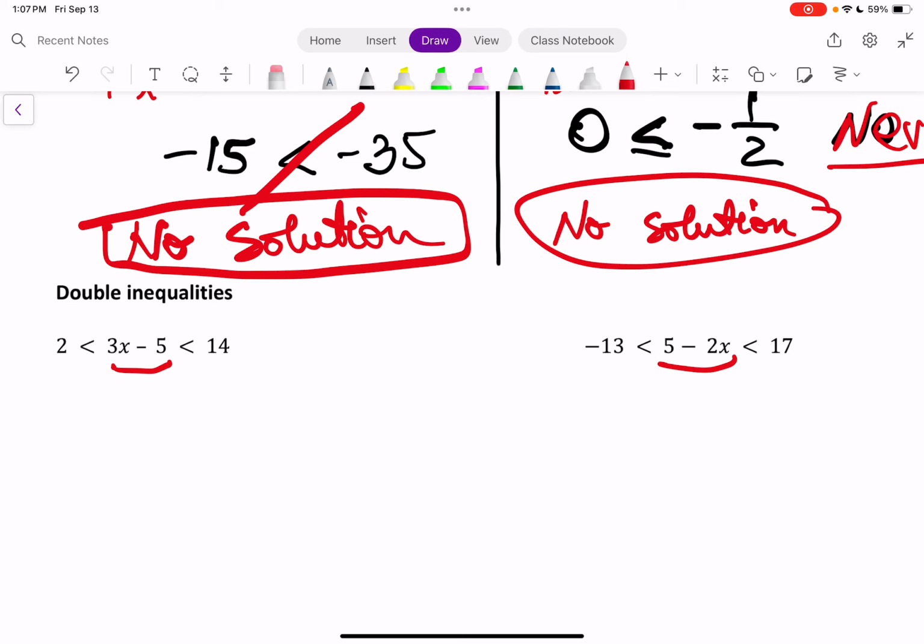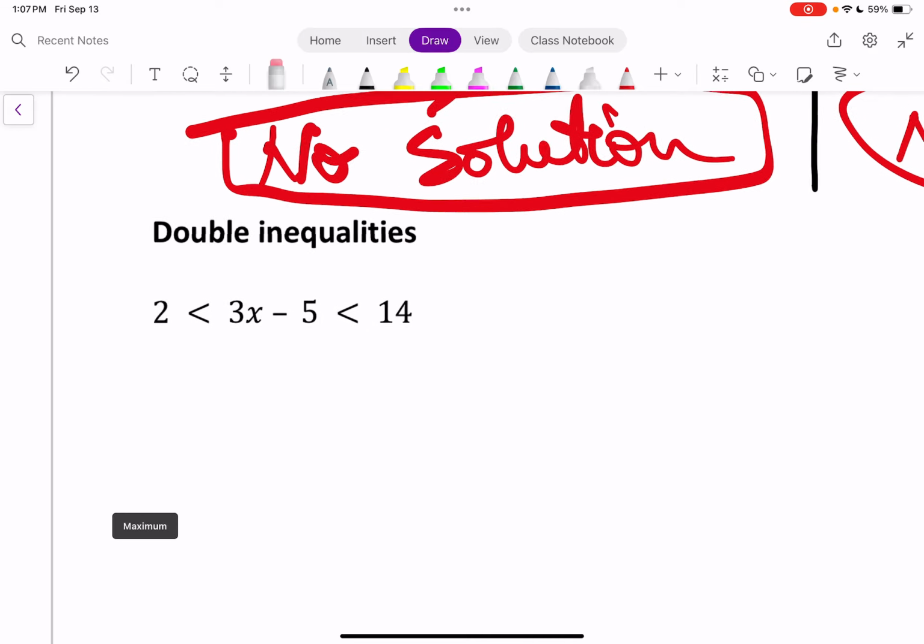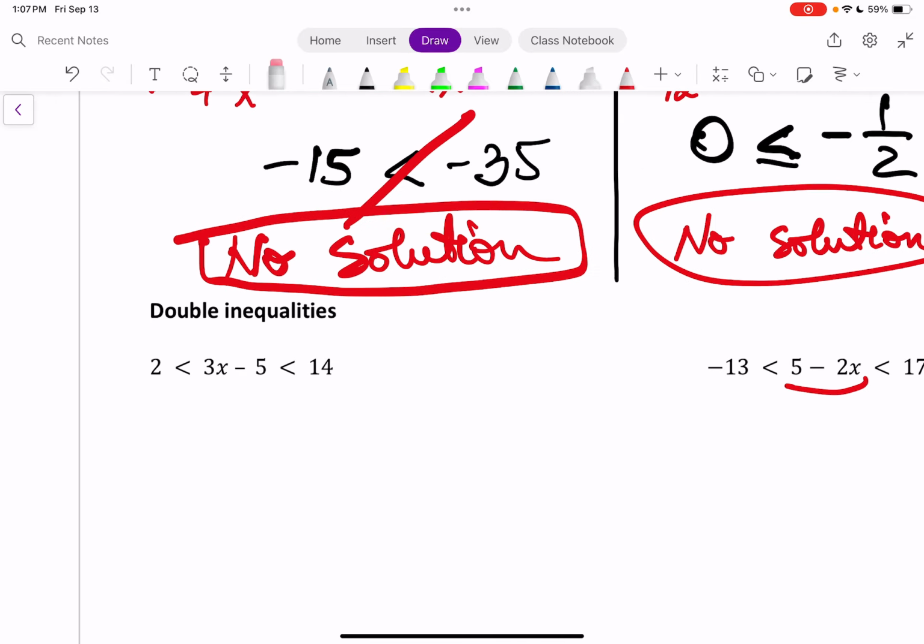The nice thing about a double inequality, you have two inequality symbols. However, to get to x, you would do the same steps whether you solve the left inequality or the right inequality. It's the same steps that will get you to x. So we might as well work with all three sides at the same time.